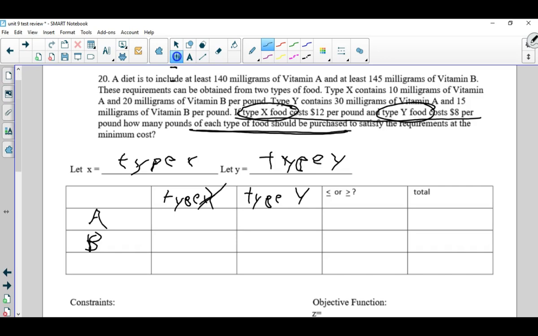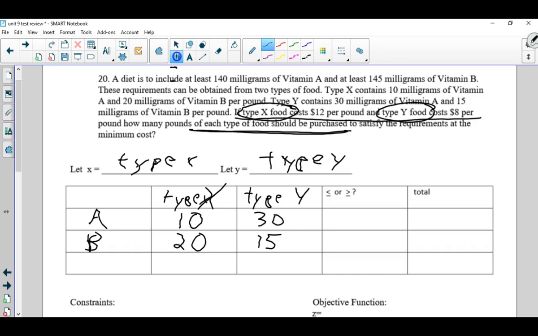Okay, so at this point, we need to just fill in the information based on what we have. It says type X contains 10 of A and 20 of B. Type Y has 30 of A and 15 of B.